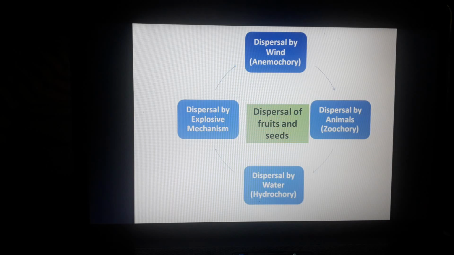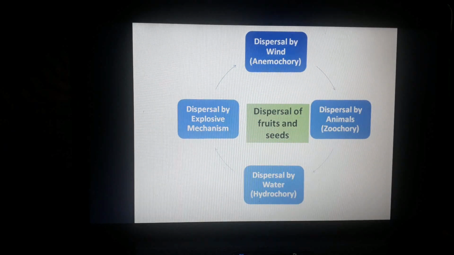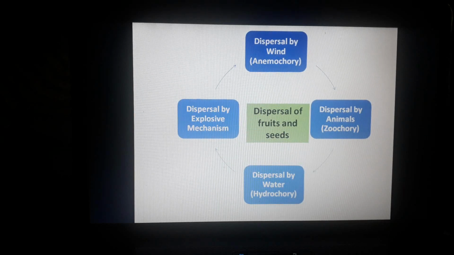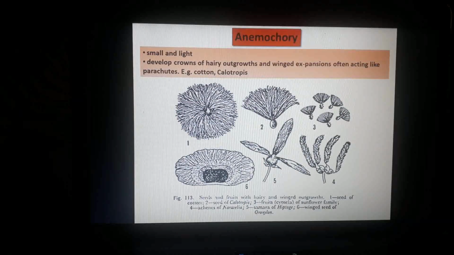Actually, the chory word represents the dispersal of the seeds. Anemochory through wind, maybe through water, maybe through animals, and maybe through the different mechanisms which are adapted by some plants. First of all, the Anemochory.